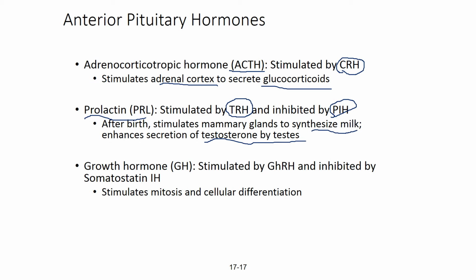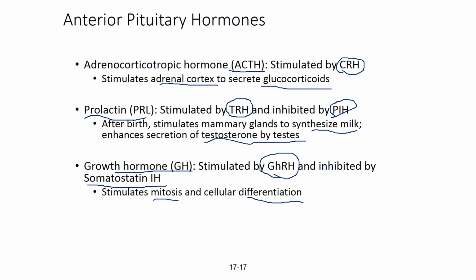Okay, so almost lastly, growth hormone. Growth hormone is stimulated by growth hormone releasing hormone from the hypothalamus. It's inhibited by somatostatin. Its overall effect is that it is going to stimulate mitosis and cellular differentiation, hence growth. Lots of mitosis and cellular differentiation.